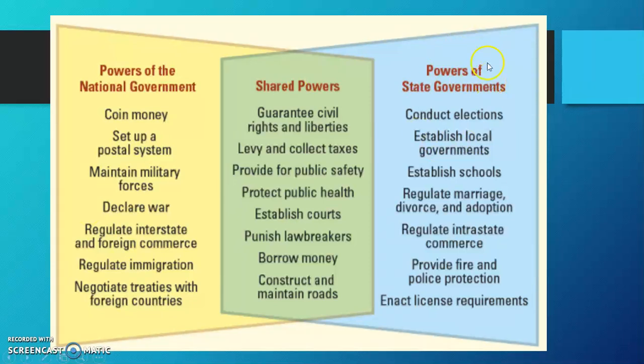Some state powers are conducting elections, establishing local governments, establishing schools, regulating interstate commerce, and then we also have shared powers. So these shared powers are things such as guaranteeing civil rights and liberties, levying and collecting taxes, providing for public safety, and protecting public health, among others.